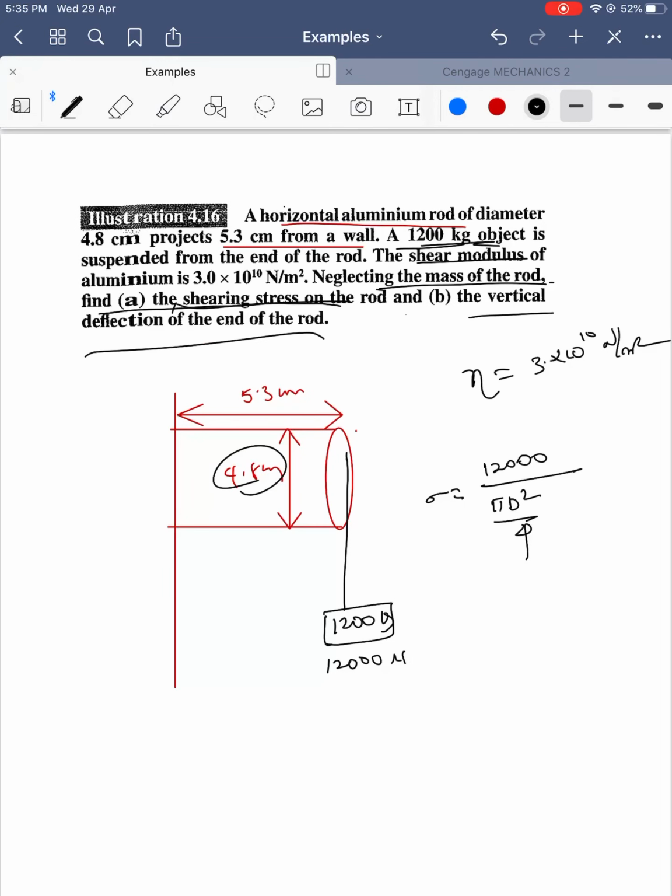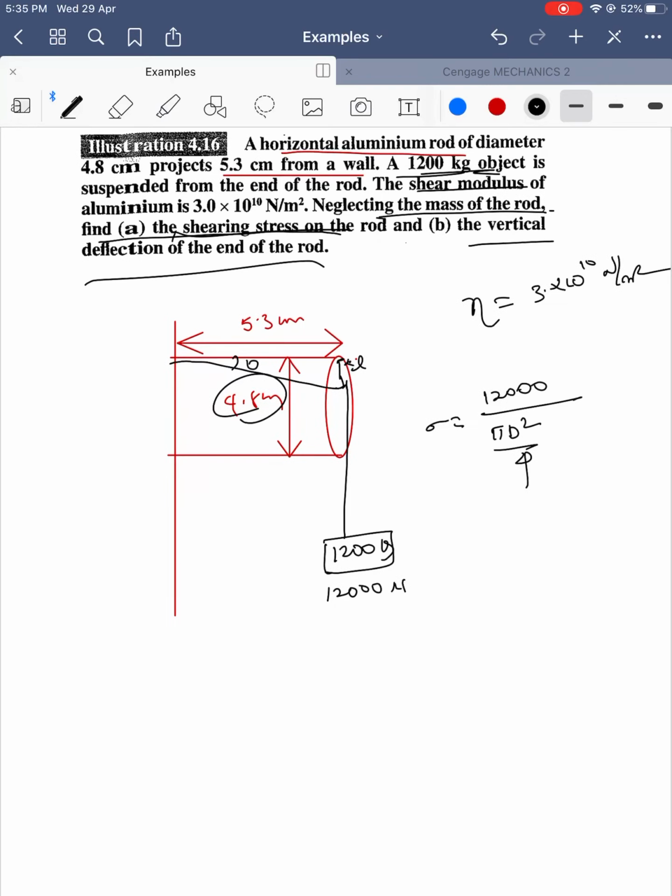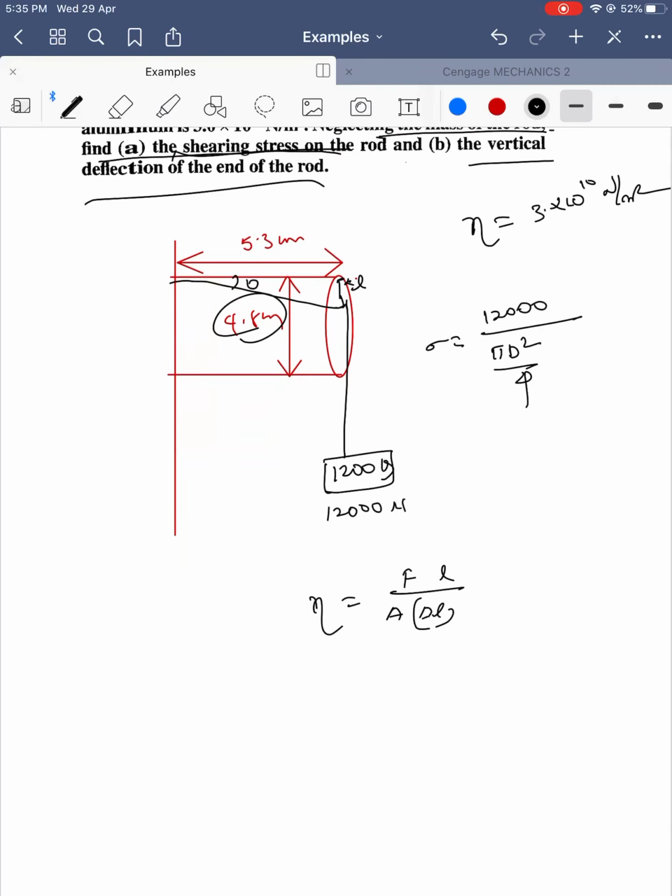So the shear stress is done. Next, vertical deflection means the dimension is going to change. So this is delta L he is asking. So nu is equal to F by A into L over delta L. What is the length? 5.3.